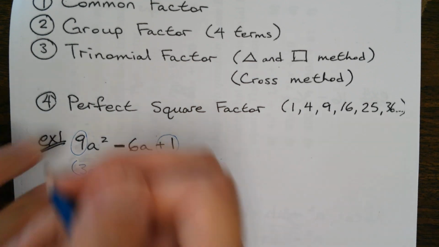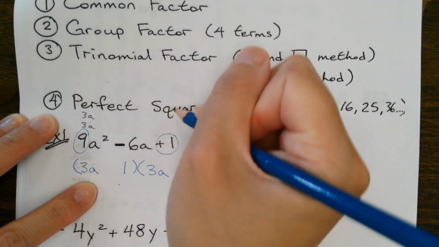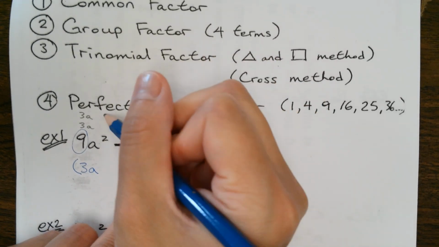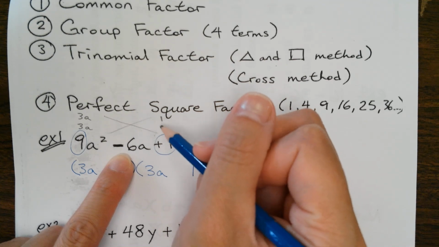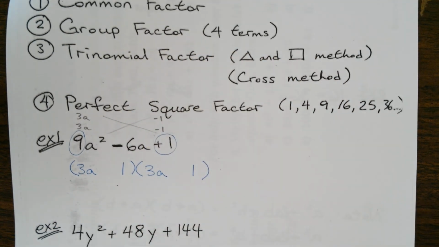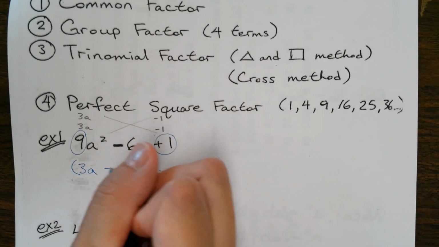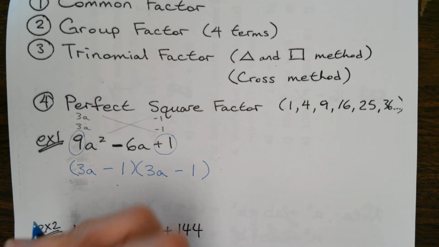Let's try this. We have the 3a and the 3a, and then we have the 1 and the 1. When we cross multiply, we don't get that negative 6a. So what do the 1s have to be? Negative 1 and negative 1, right? So when I write my 2 brackets, it's 3a minus 1 times 3a minus 1.